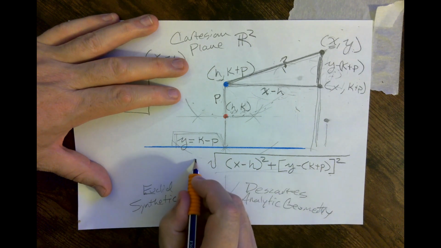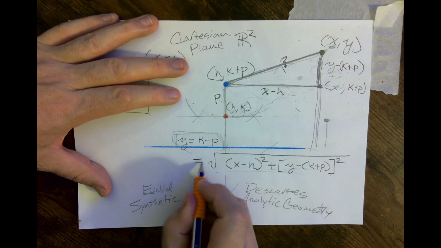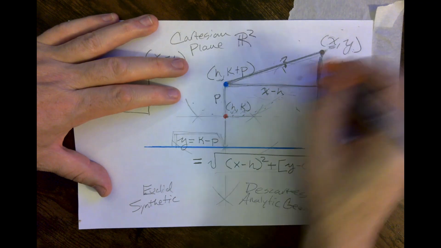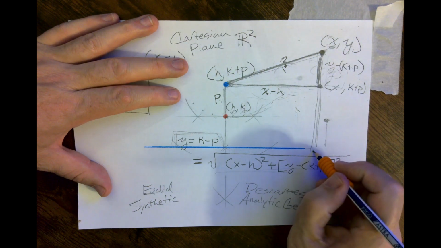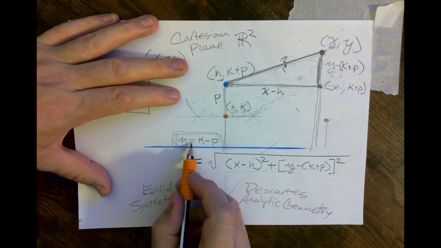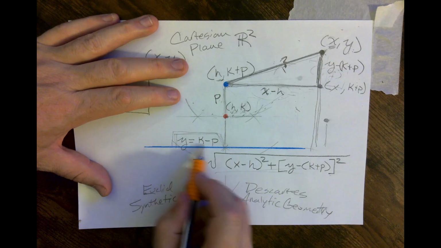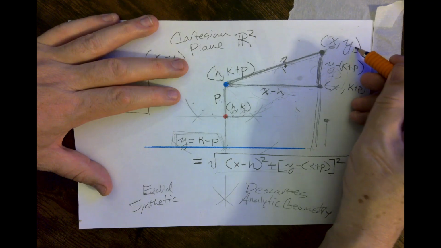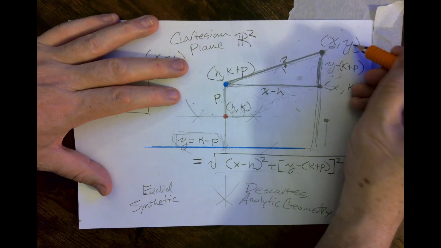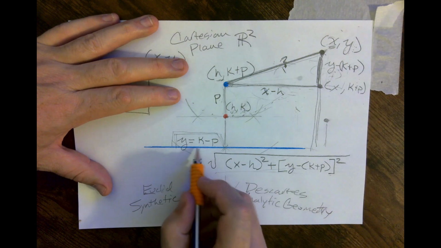And we know that distance from this point to the focus is the same as the distance from this point to the directrix, which is y equals k minus p. So here, this y value minus this y value.